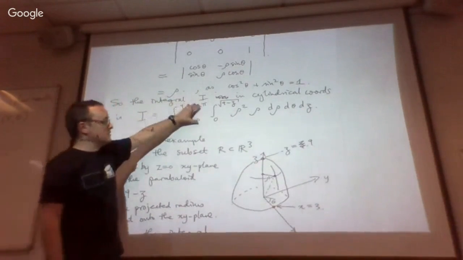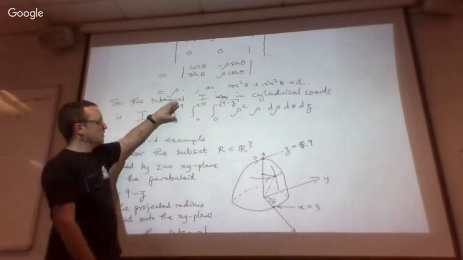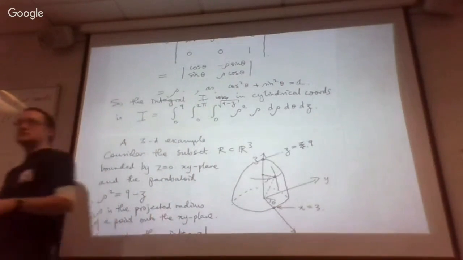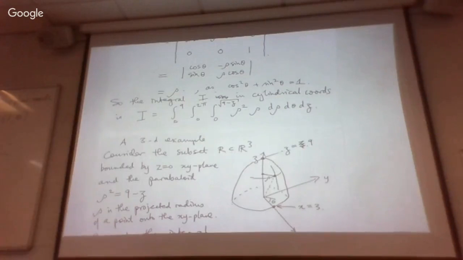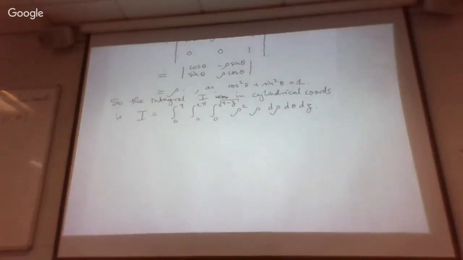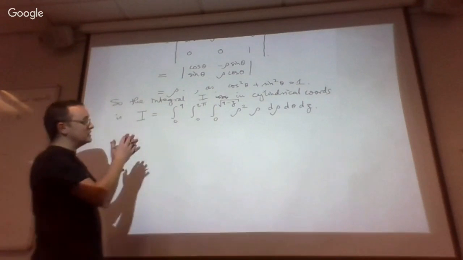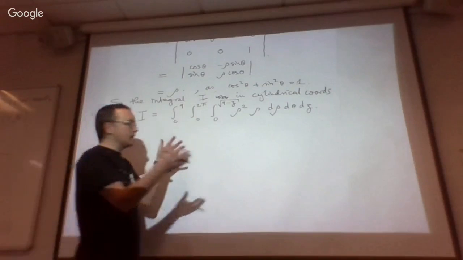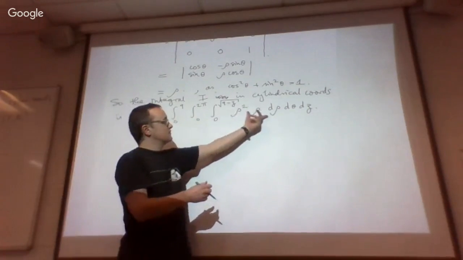Then you decide on your limits by carefully looking at the region and working from the outside in to set all the limits up correctly. And then you just got to start integrating. To actually carry out the integrals, you generally work from the inside out. Because this is the inner integral.